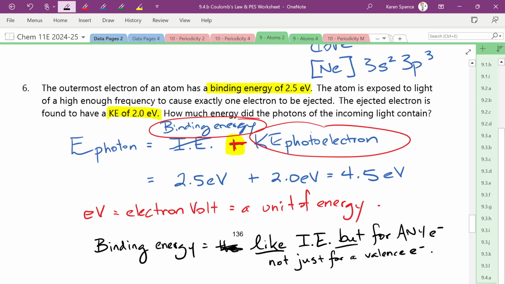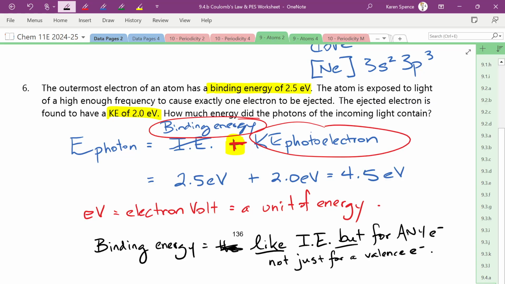If you were talking about the valence electron, the binding energy and the ionization energy would be the same. Ionization energy literally means if I have a species and I take off the outermost electron, that is the ionization energy. Binding energy is for any electron.